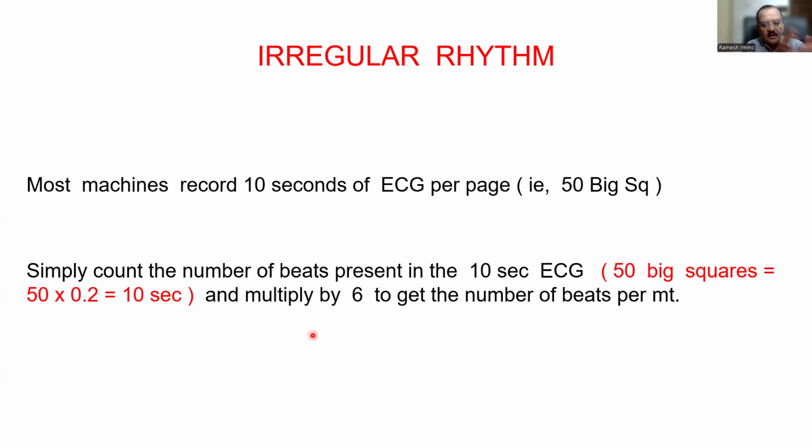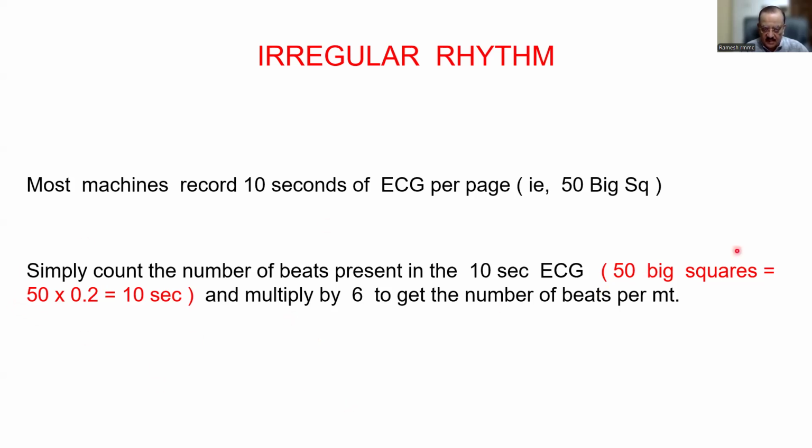For 10 seconds, we have calculated how many times the ventricle is beating. Say, for example, 8 times in 10 seconds. Then if it is 8 beats per 10 seconds, for 1 minute, multiply by 6, you get 48. That's it. That is the formula.